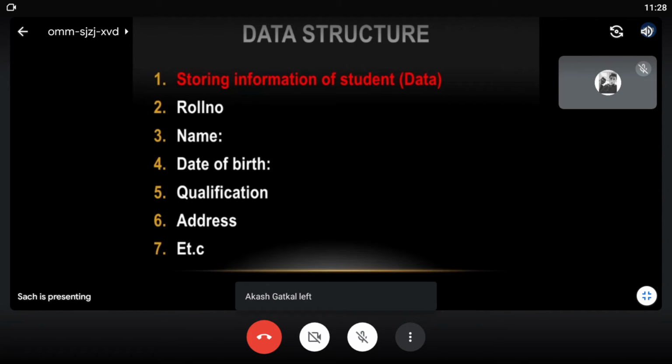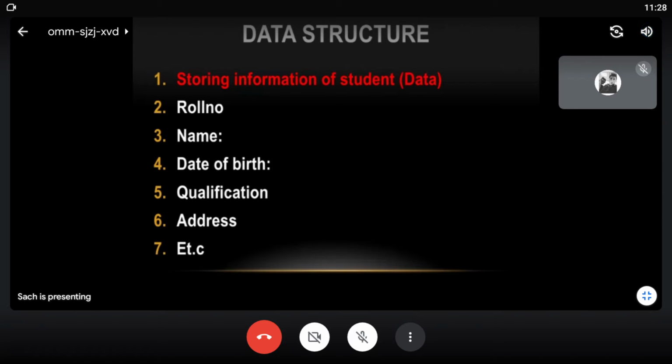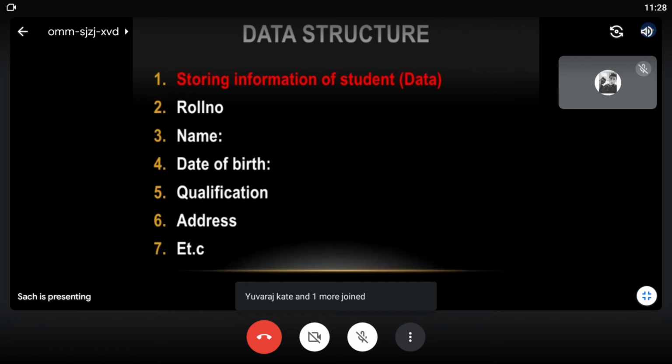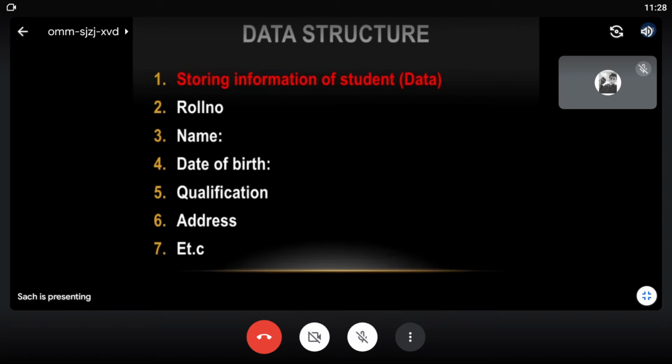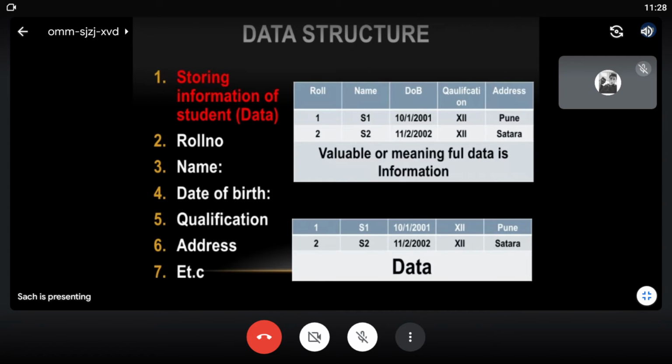For one student, we are storing the roll number, name, date of birth, qualification, address, etc. At least these are the basic information we will store for one student. How to tabulate this? You can see a table above. We have roll numbers 1 and 2. The name of roll number 1 is S1. The name of roll number 2 is S2.